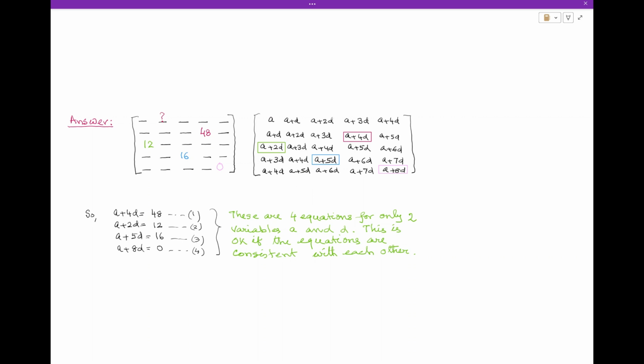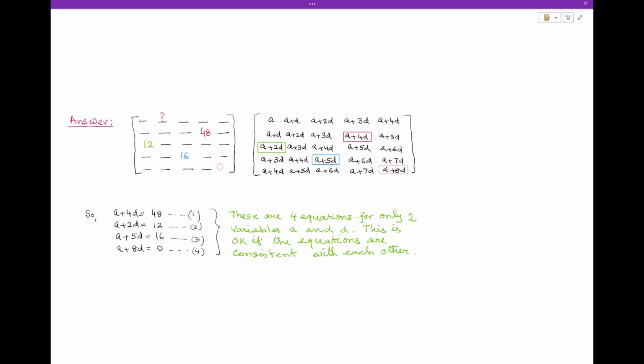Similarly, for other rows and other columns, and we will get the last column as A plus 4D, A plus 5D, A plus 6D, A plus 7D and A plus 8D.